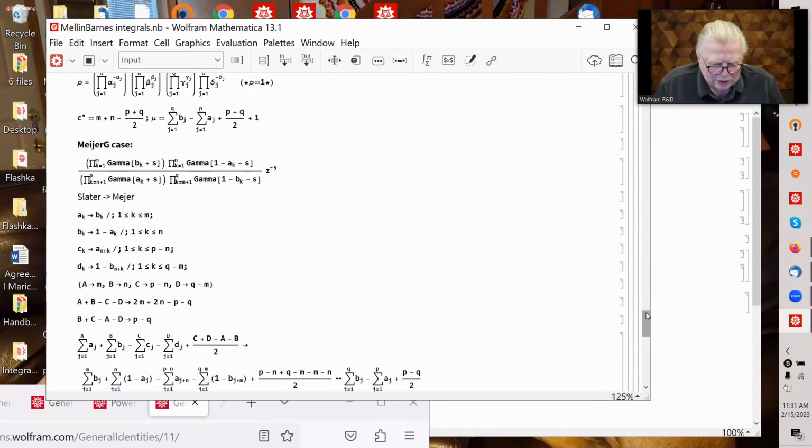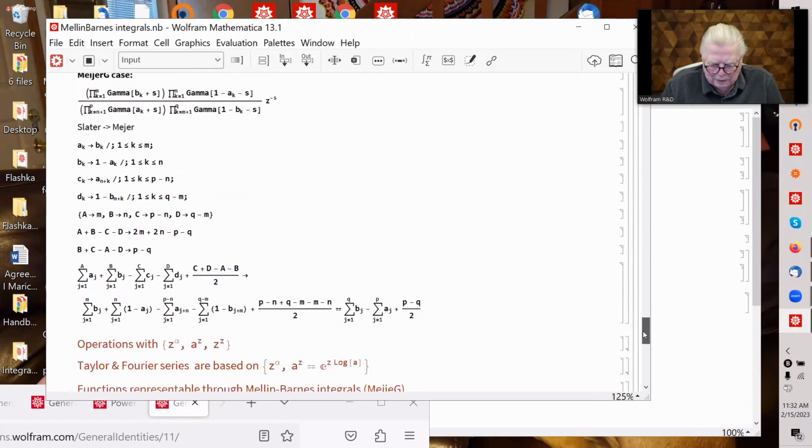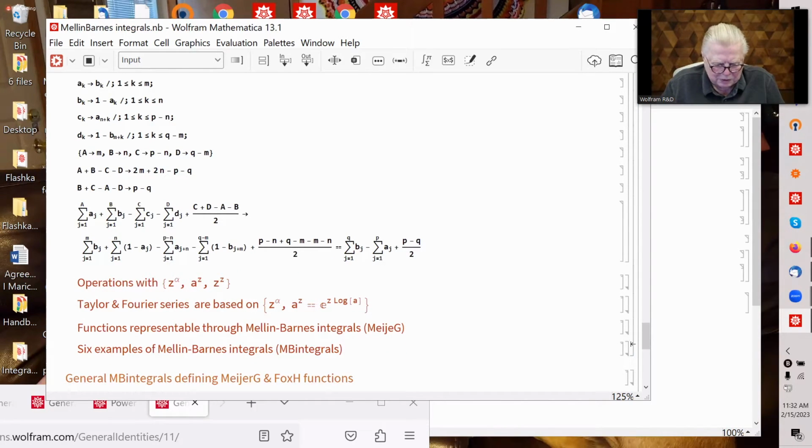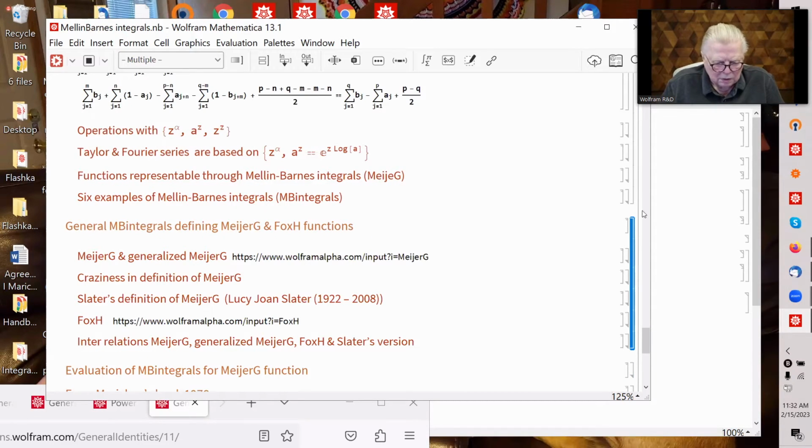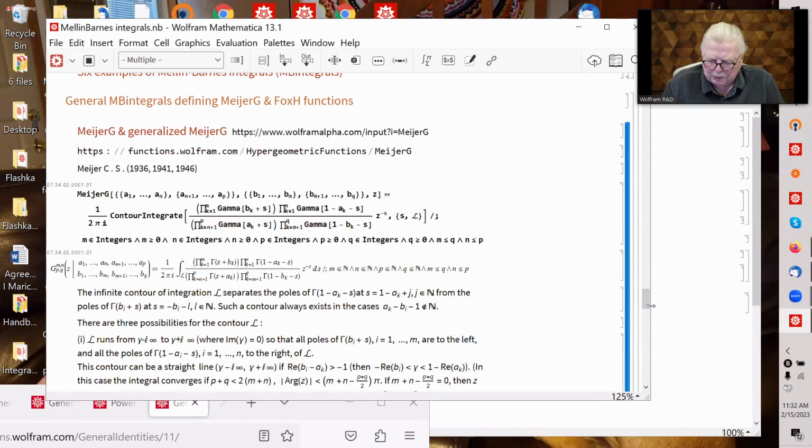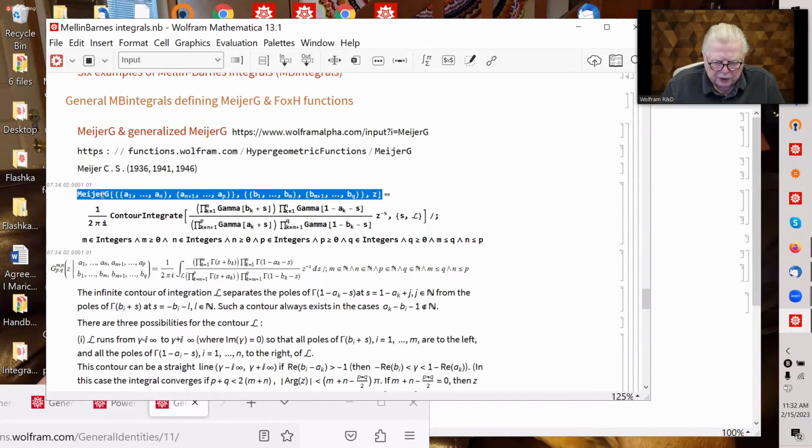Now let's return to the Meijer G case. So we have in the mathematical system the so-called Meijer G function, which was implemented by me about 30 years ago, 28 maybe. Jerry Keiper helped me in numerical evaluations. Here you see the Meijer G function.